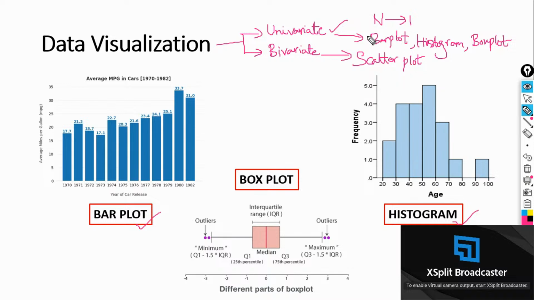I think it will be very interesting because we are going to visualize the data using Python as part of EDA. So focus. We'll try to understand a few plots today, then a few on the next day, and we'll run the code for all these plots by taking use cases.